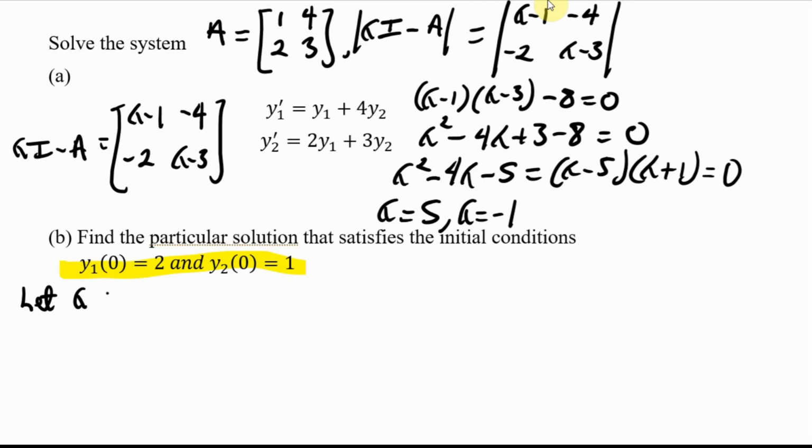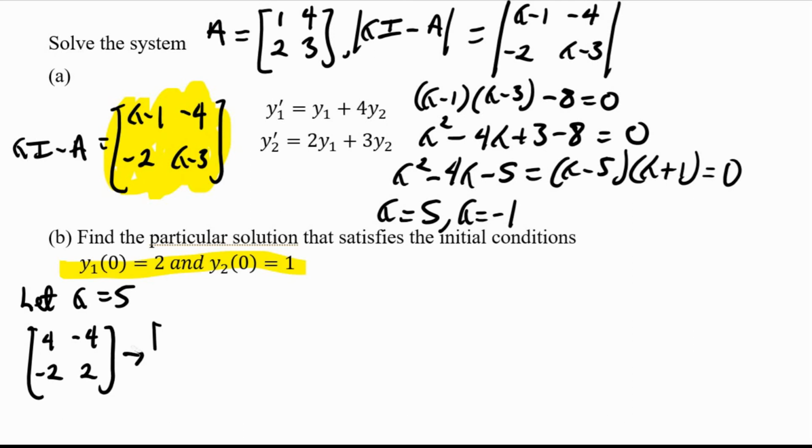So take lambda to equal 5. And when we do, we plug that in to this guy. And so it gives us 1, negative 4, negative 2, and then 5 minus 1 is 4, and then 5 minus 3 is 2.